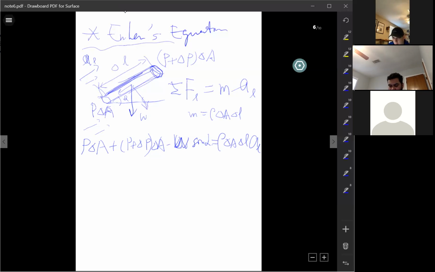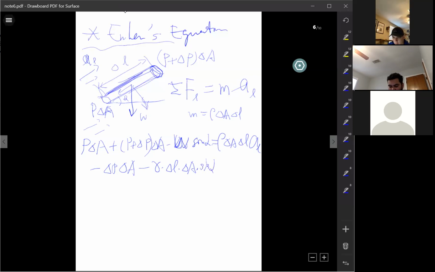So we can cancel the terms. Delta P over delta L times delta A minus W. W is gamma delta L delta A. Remember, gamma times volume is the weight. You have to memorize those equations.